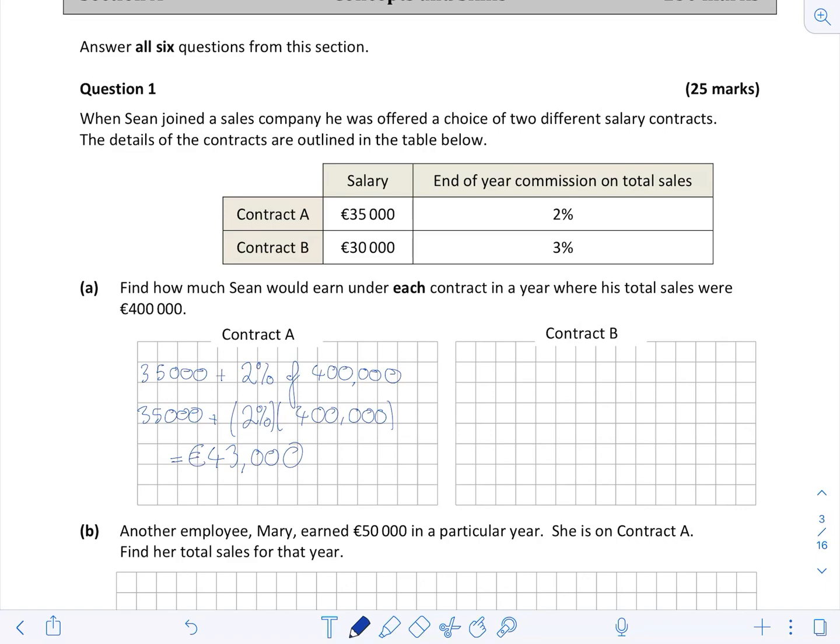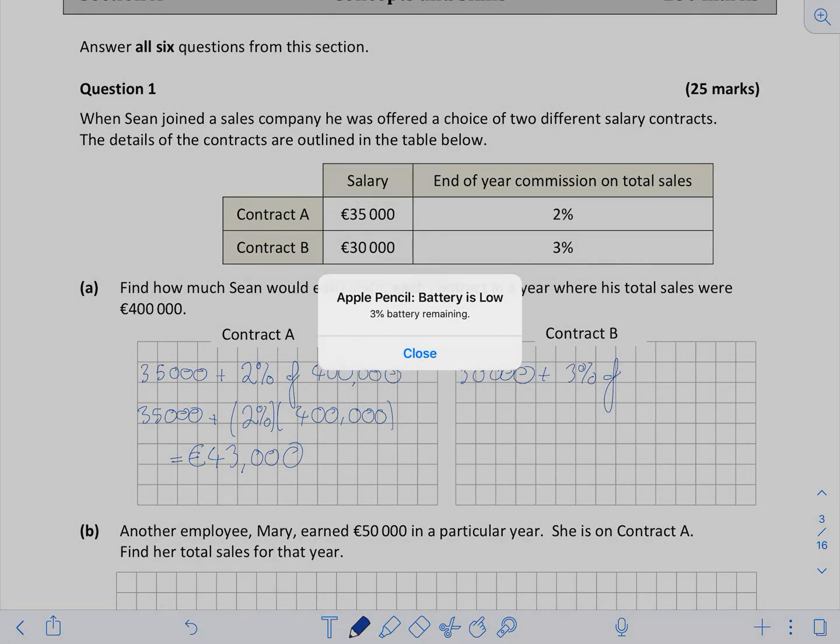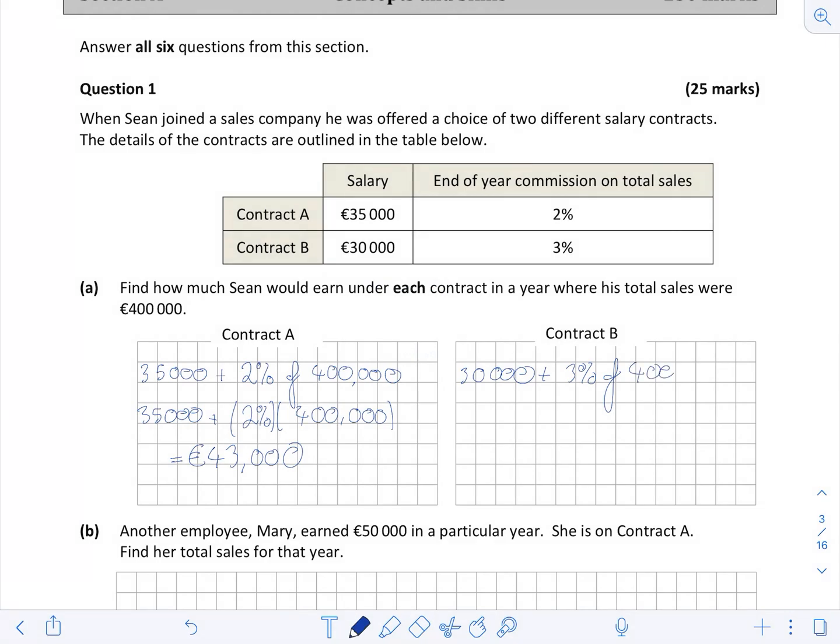Let's take a look at what he will get under contract B. He's going to have 30,000 plus 3% of 400,000. So we then go 30,000 plus 3% times 400,000.